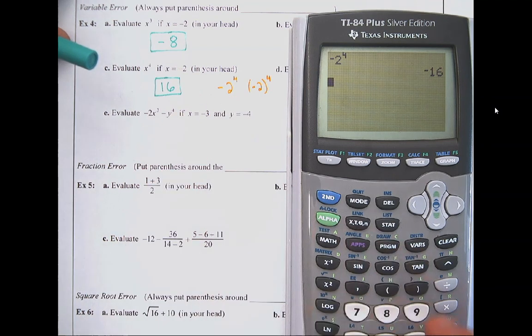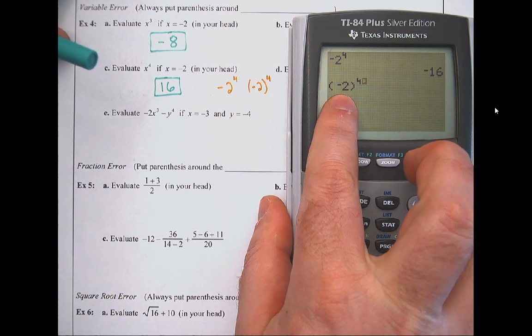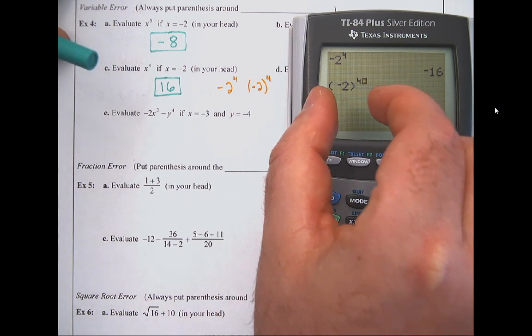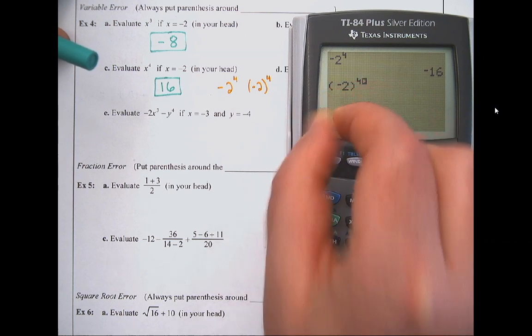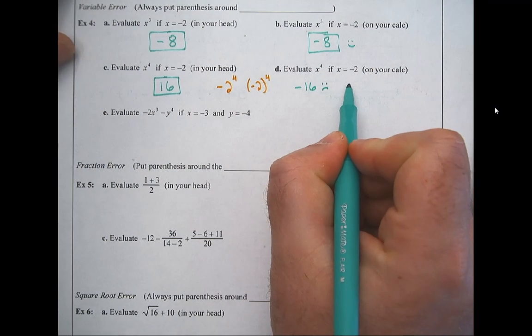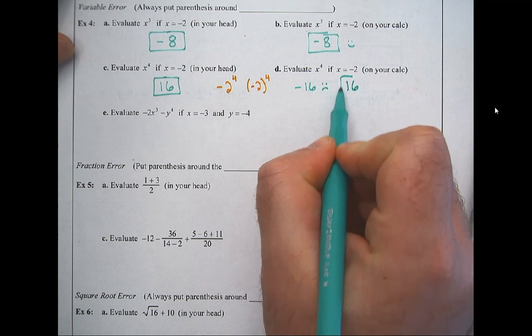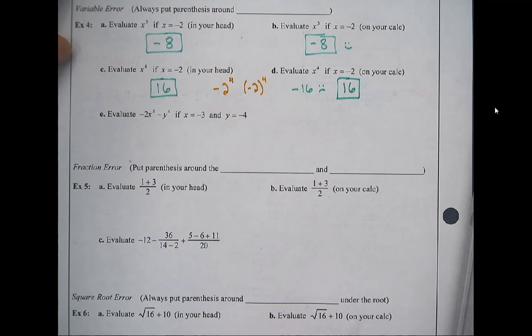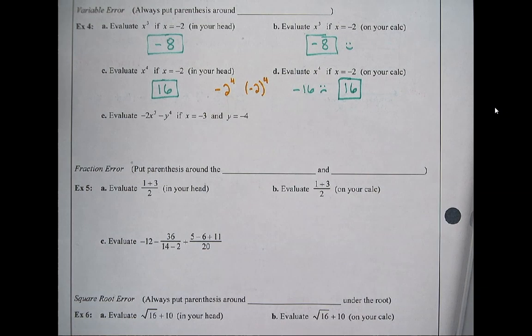If we put parentheses around the -2 and then raise it to the fourth, now who's the strongest operation? Parentheses is the strongest. So that takes the negative and the 2 and connects them together first, and then raises them to the power of 4. So we do get our actual answer, but we've got to type it into the calculator correctly.